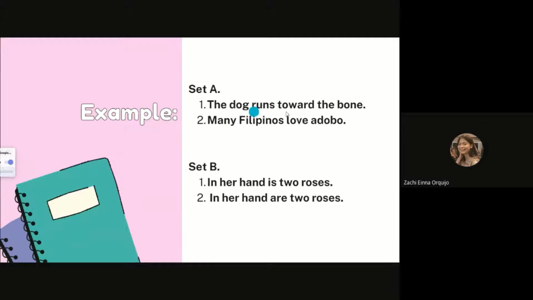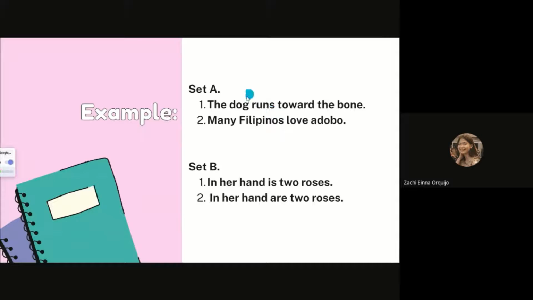Katulad ng sentences na 'to sa set A, itong dalawang sentences sa set A. Kung babasahin natin, "The dog runs toward the bone and many Filipinos love adobo." So, yung dog, yung pinag-uusapan natin or the subject at nauuna 'to bago yung verb, which is run.